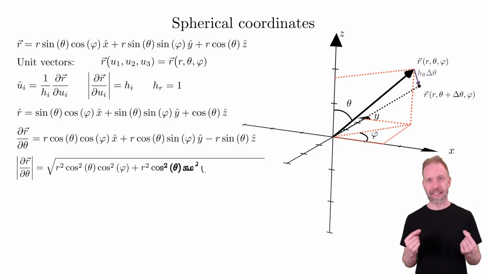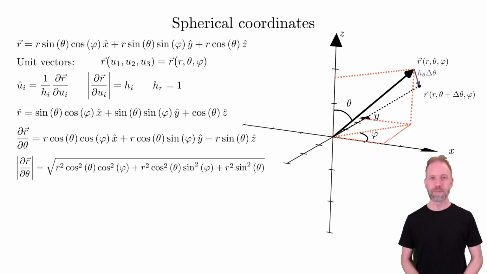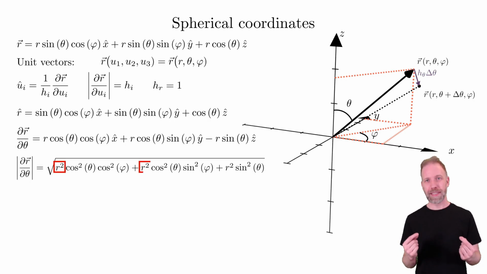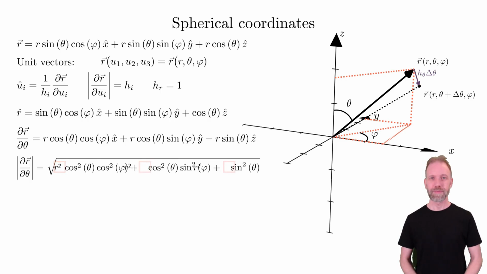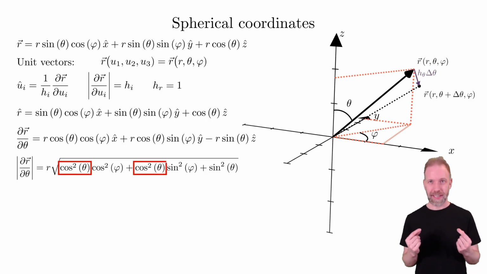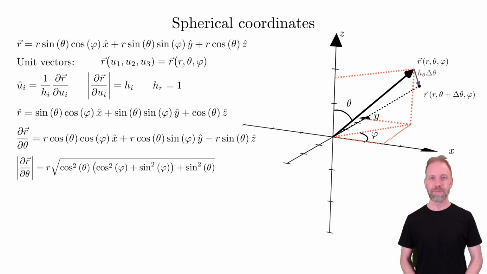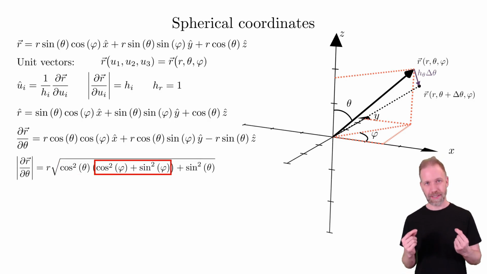We also need to calculate the length of the partial derivative. We can place r outside the square root. Cosine theta squared is a common factor. This is 1.